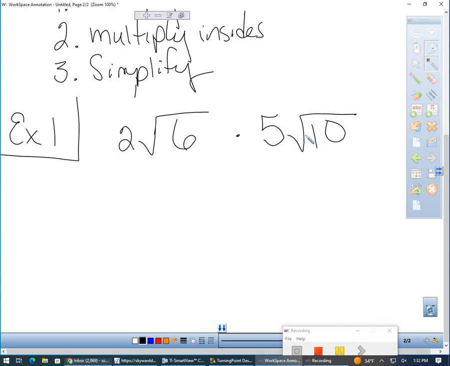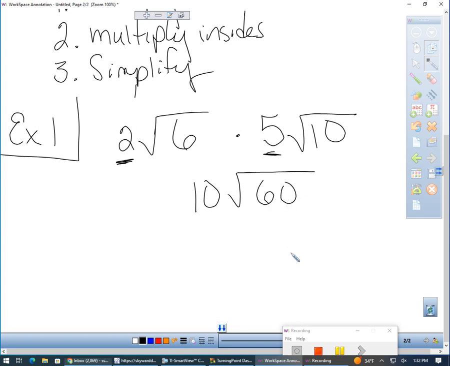So we're going to multiply. First step says to multiply our outsides. So we're going to multiply our 2 and 5 together. 2 times 5 is 10. Square root. Now we multiply our insides. 6 times 10 is 60.